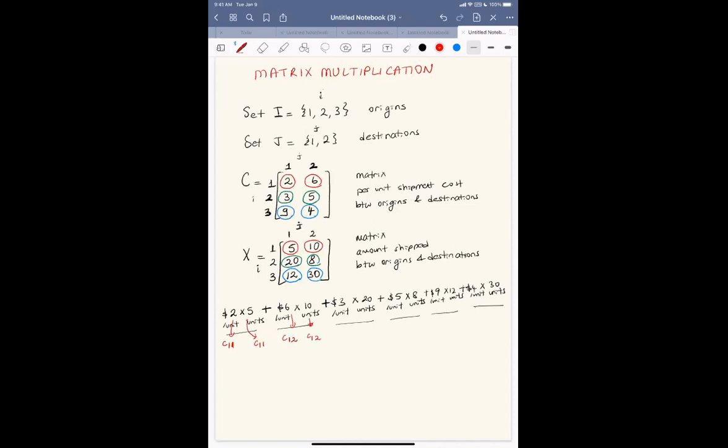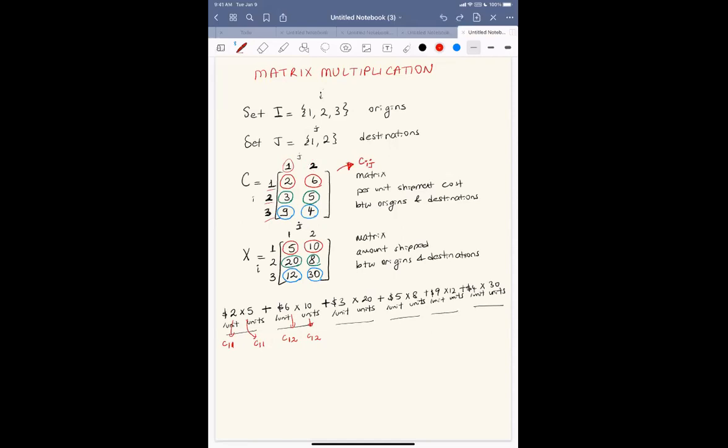And we keep going. Effectively, the elements in this C matrix, we can index and refer to each element as Cij, with i iterating between 1, 2, 3, and j iterating between 1 and 2.